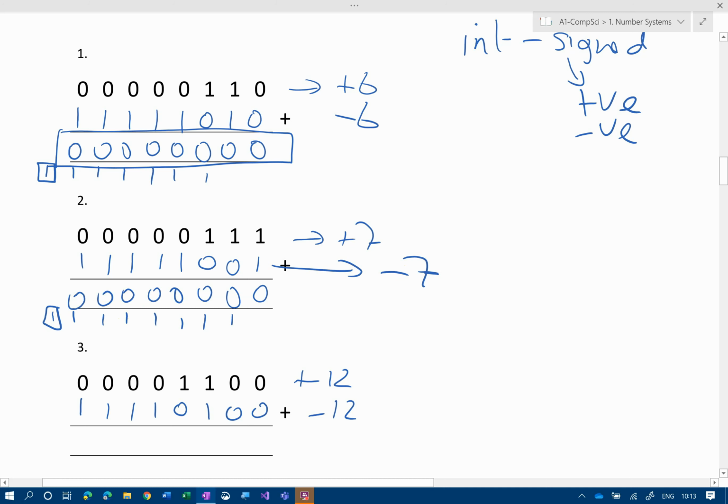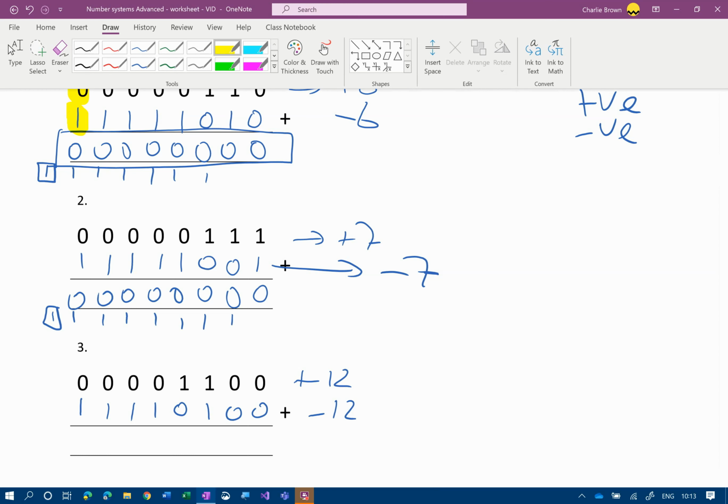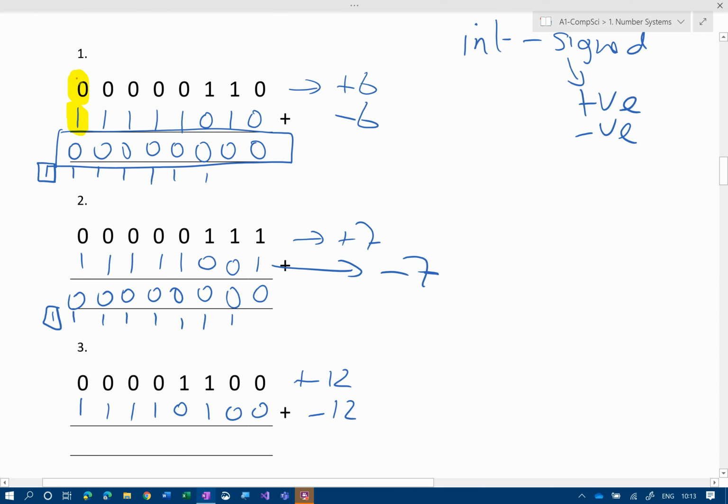Now, the next question is, how do you know whether a binary number is positive or negative? Well, we know that by this bit here. That bit on the furthest left is called the MSB, the most significant bit.